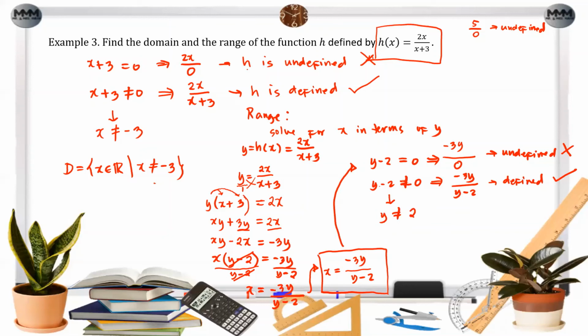From y minus 2 not equal to 0, you move negative 2 to the other side, it becomes positive 2, and copy the not equal symbol. Therefore, y not equal to 2 will make this expression defined. Hence, our range is the set of values of y in R such that y is not equal to 2.